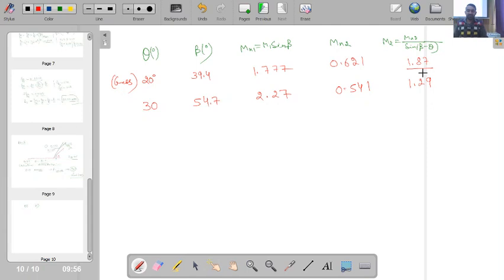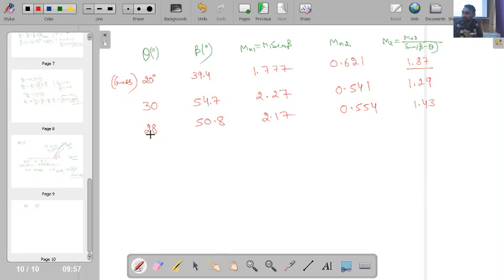So it means we have to consider the next value in between. It is more closer to 30, so say my next guess is 28. Corresponding to 28 I am getting 50.8, 2.17, 0.554, and 1.43. Okay, 1.43 means with 28 I have slightly gone more down.